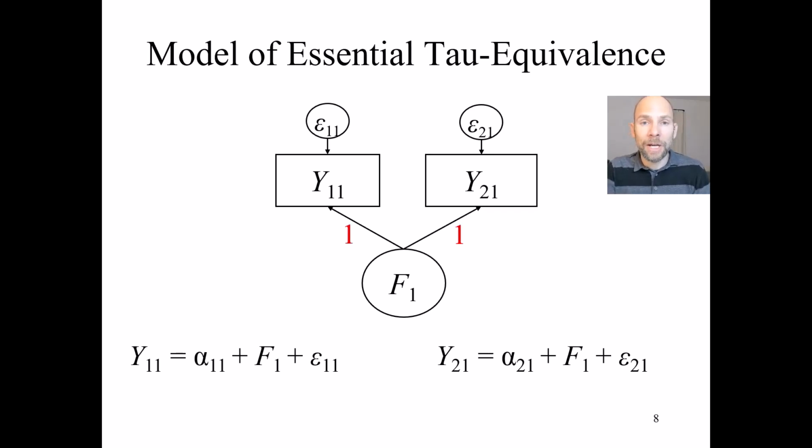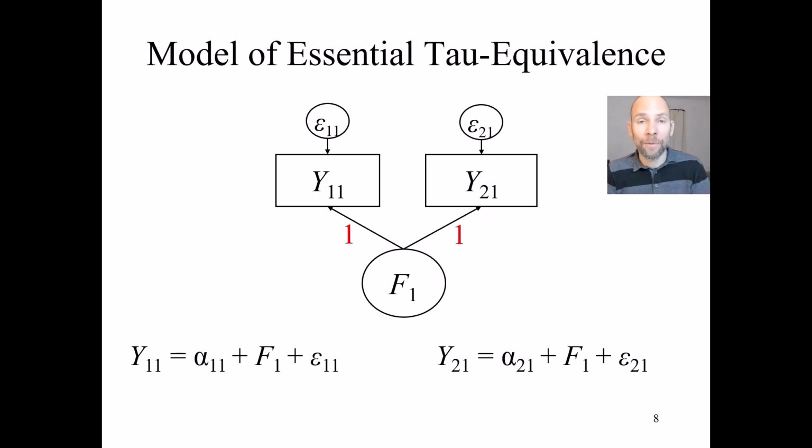So they measure a common latent variable or a common factor with the same units of measurement. And so the factor loadings then can be both fixed to 1, and that does two things. It takes away from the side of the unknowns, so it eliminates two free parameters from the model, because lambda 1,1 and lambda 2,1 then no longer have to be estimated. They are fixed to 1.